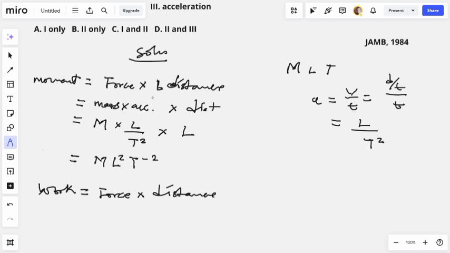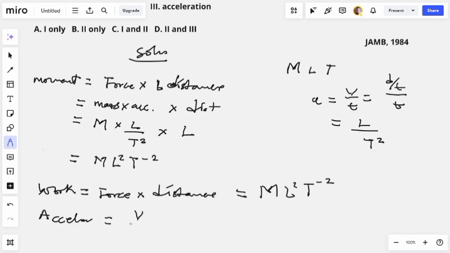Moment and work have the same unit. Okay, so since it's the same, it will still go with the same analogy. So the dimensional unit for work will be what? m L squared T minus 2. So let's do that of acceleration. Acceleration is defined as what?